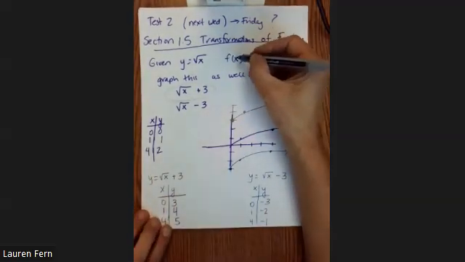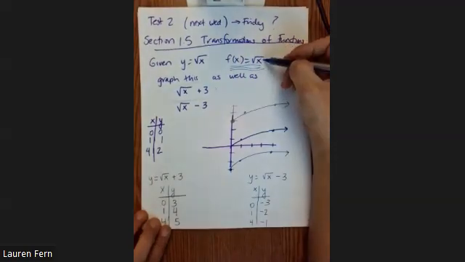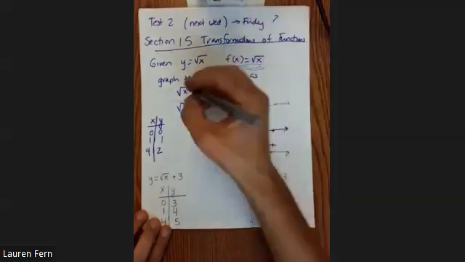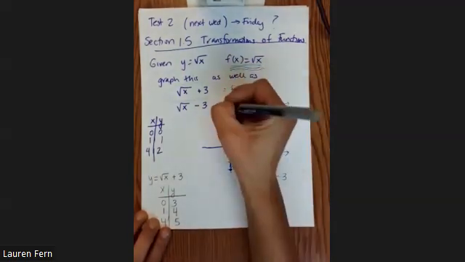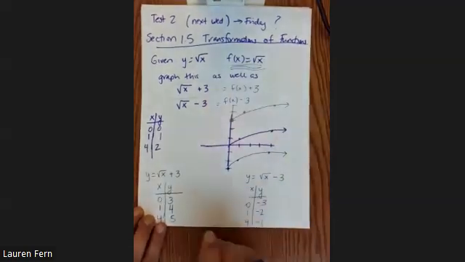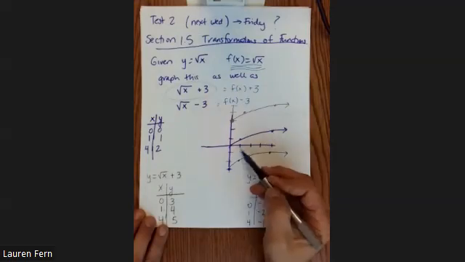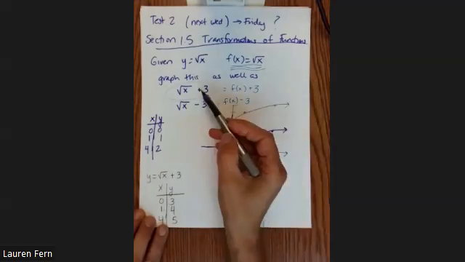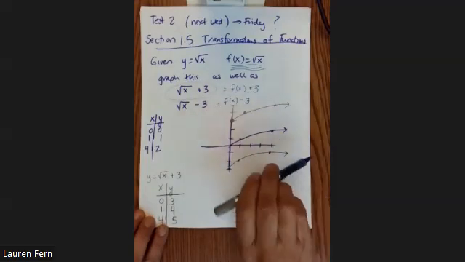Do you agree if I define my function f of x here to be the square root of x, then isn't this f of x plus 3? And isn't this one f of x minus 3? My general function f of x was the square root of x. So we have f of x plus 3 and f of x minus 3.